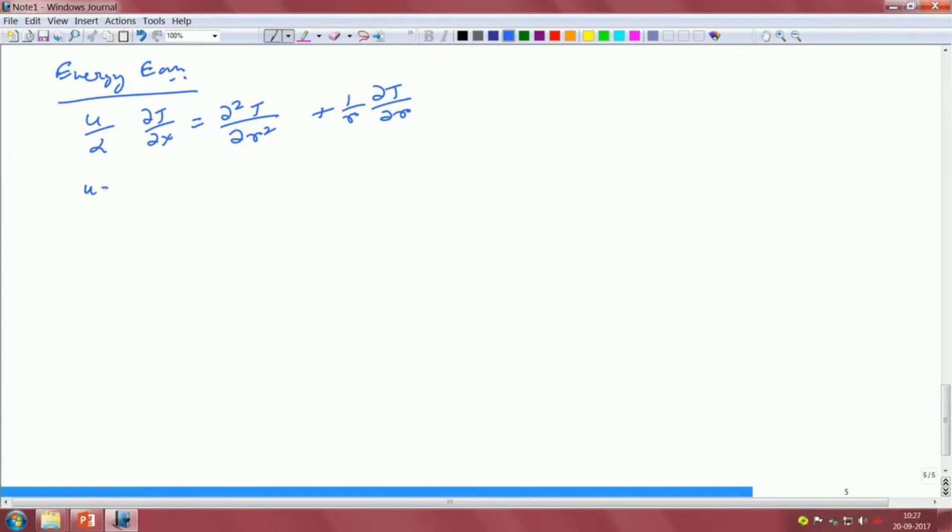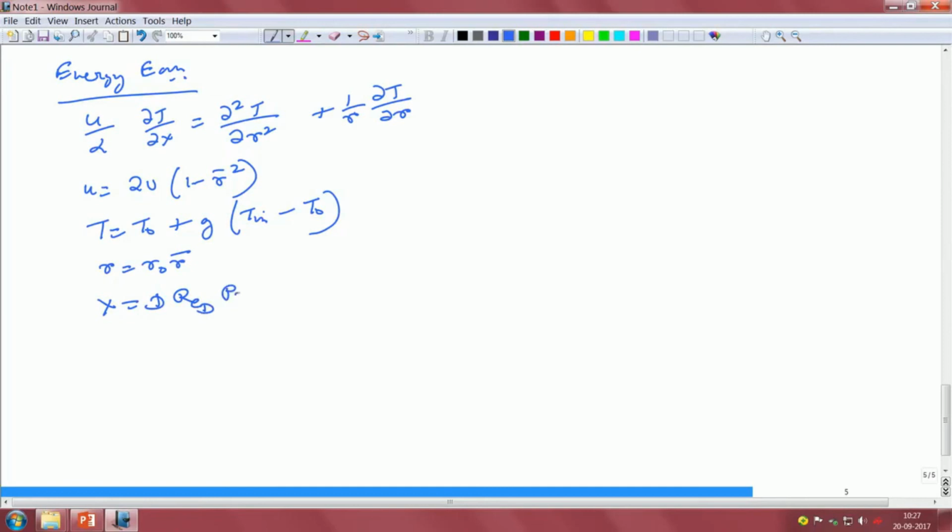So, u is basically 2u-bar into 1 minus r bar square, T equal to T naught plus G times T_in minus T naught, r is equal to r naught into r bar, x is basically equal to D Re_D Prandtl number x bar. So, these are the parameters which we are going to substitute now in the expression and try to see how the math actually evolves.